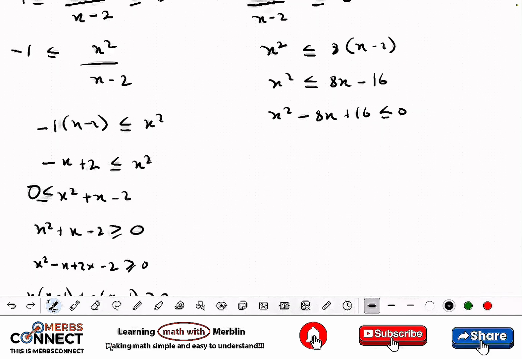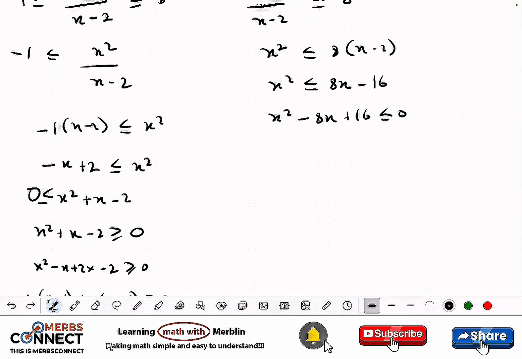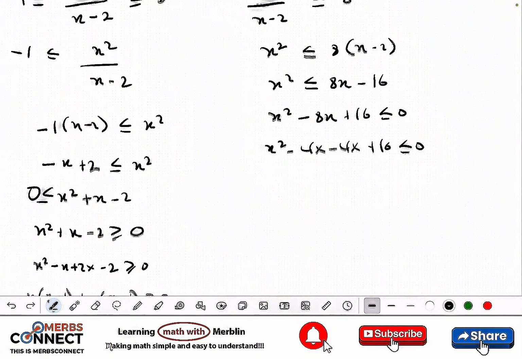Let's find the factors of 16. When we add, we get -8, but when we multiply, we are going to get 16. So we can think of 4 and 4. 4 times 4 is 16, and then 4 plus 4 will be 8. So because it's negative, we are going to make it negative. So x squared minus 8x plus 16 less than or equal to 0.